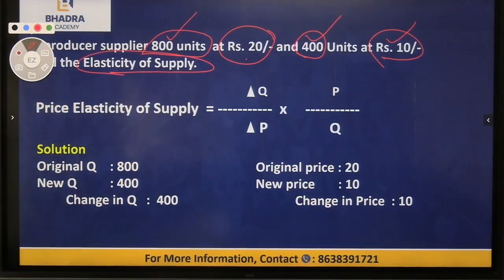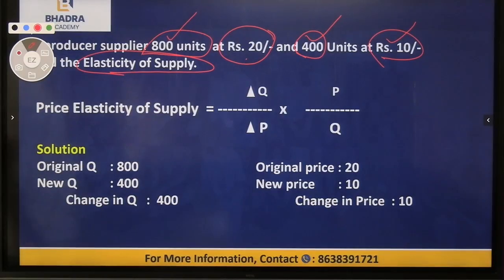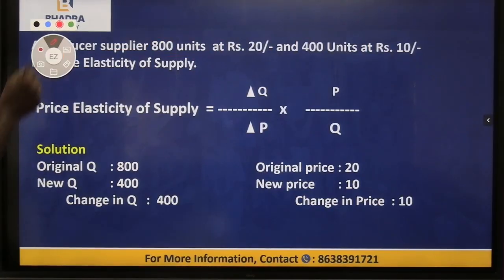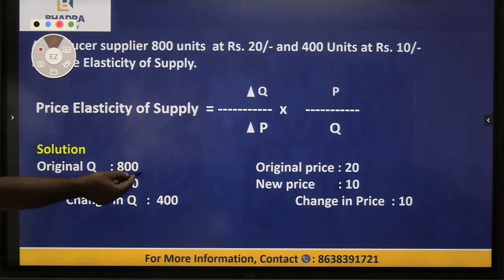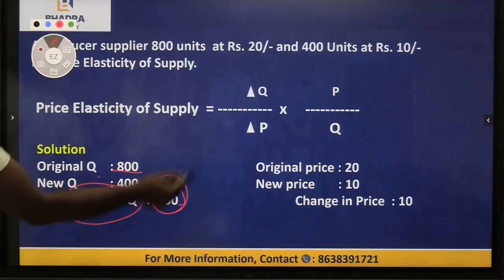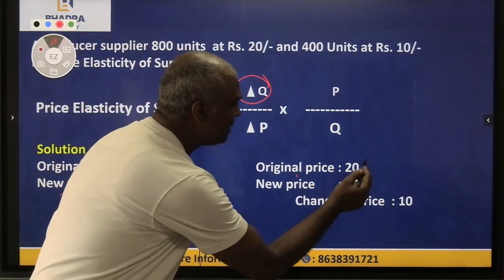So we have to find the elasticity of supply. How do you find it? If you look at this, the elasticity of supply is del Q upon del P into P upon Q. The original Q is 800, the new quantity is 400. So change in quantity is 400. That gives you del Q. Clear now? Then look, original price is 20.